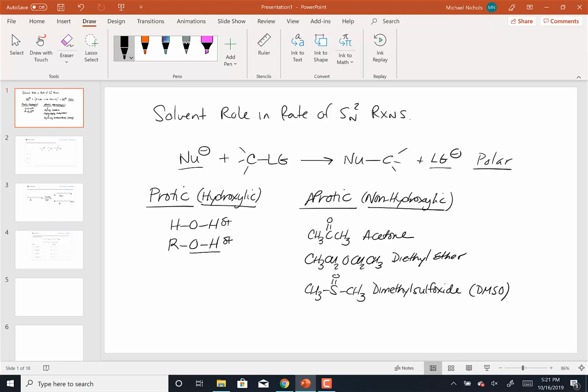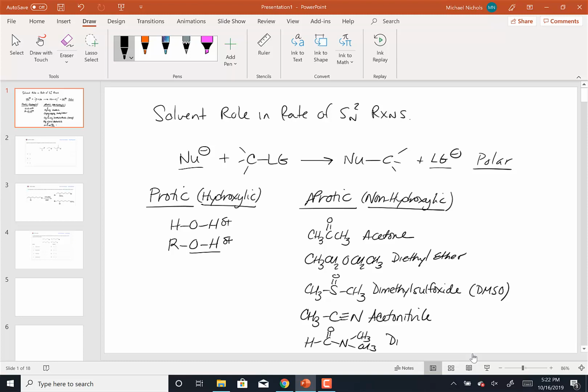We also have things like CH3 with a C triple bond N. That is called acetonitrile. And another one that the textbook uses a lot has an H attached to a C double bond O. There is a nitrogen with two methyl groups on it.